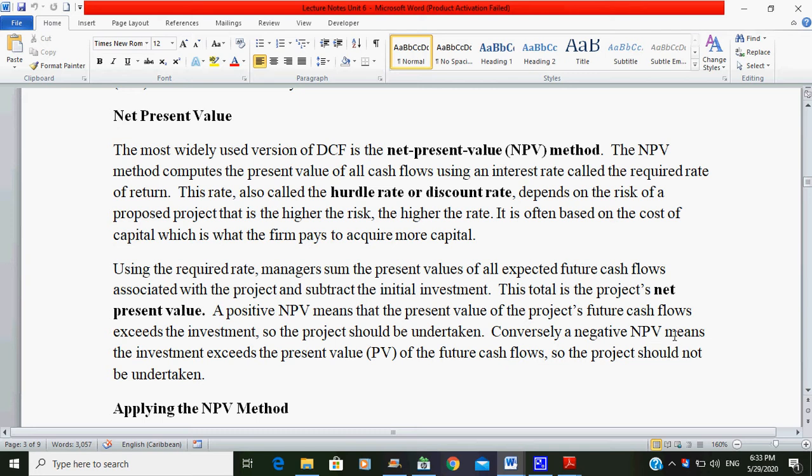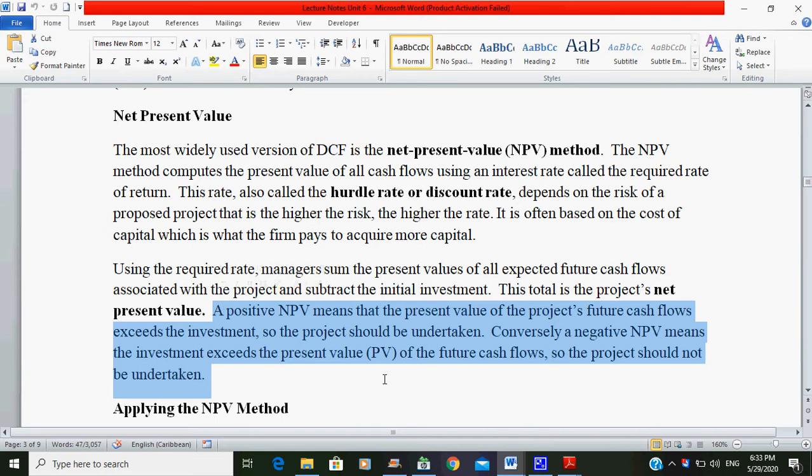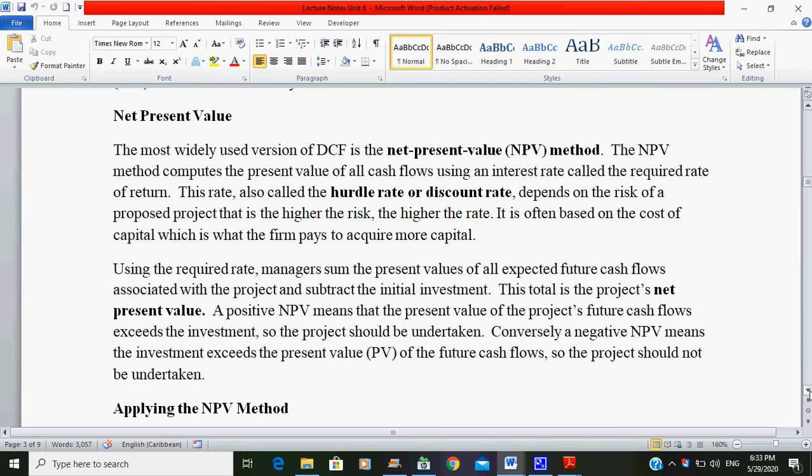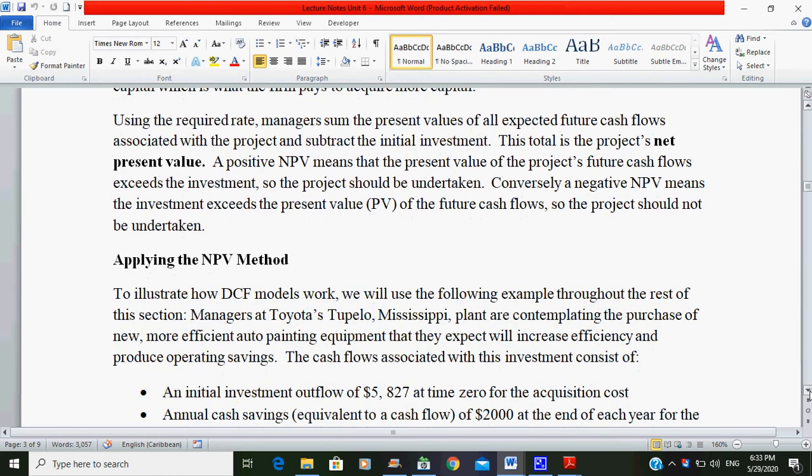Conversely, a negative NPV means the investment exceeds the present value of the future cash flows. So the project should not be undertaken. This part here is very important to remember. Good. We're going to apply the NPV method now.